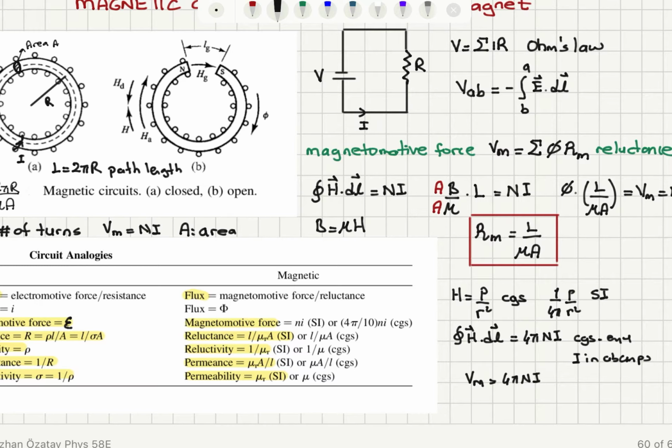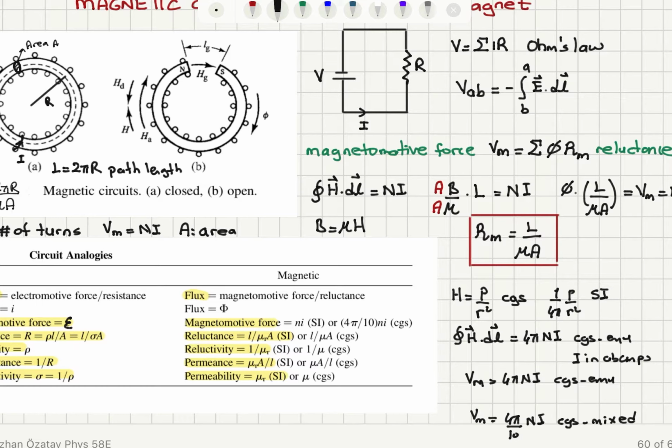But if the current is given in amps instead of ab amps, it could also be written as 4 pi over 10 Ni, which is CGS mixed units, where you would have the current in amps.